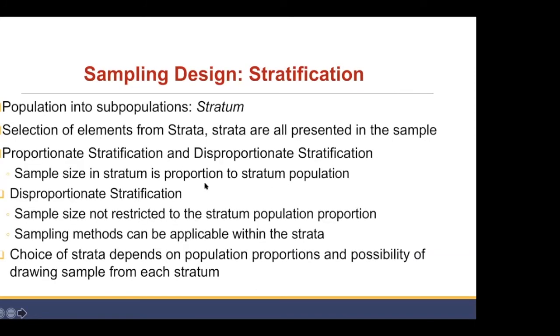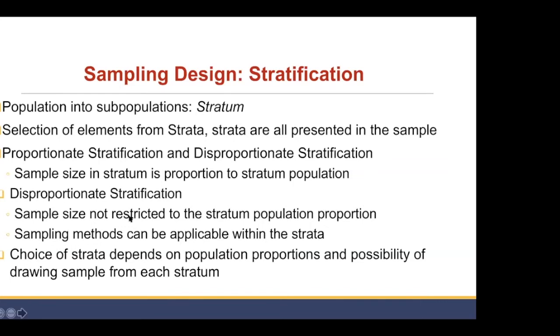And the next one is stratification. Stratification is when you have decided to add some strata. Strata are subpopulations. So if you would like to have representation of all subpopulations in your sample, this is one of the best methods to approach, I would say.